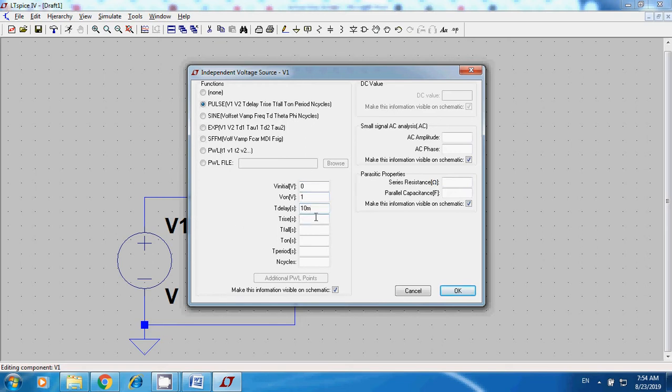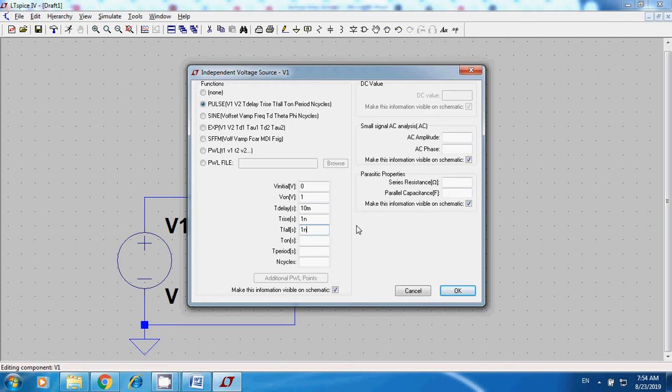For T rise, for the pulse, SPICE does not allow you to make the rise time 0, so you just put any small number. So I'll put 1 nanosecond. And T fall also 1 nanosecond.